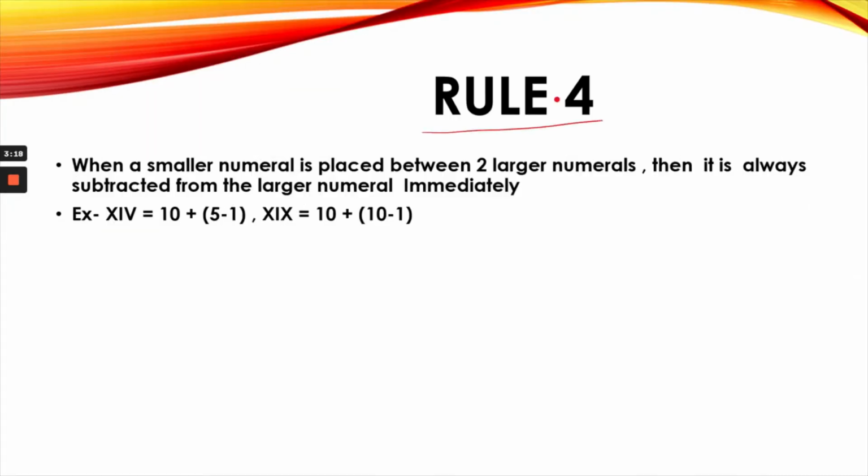Rule 4. When a smaller numeral is placed between two larger numerals, then it is always subtracted from the larger numeral immediately. Like here, X is 10, I is 1 and V is 5. So 10 is the bigger number, 5 is the bigger number, but 1 is the smaller number. You can see the example, 10 plus 5 minus 1.